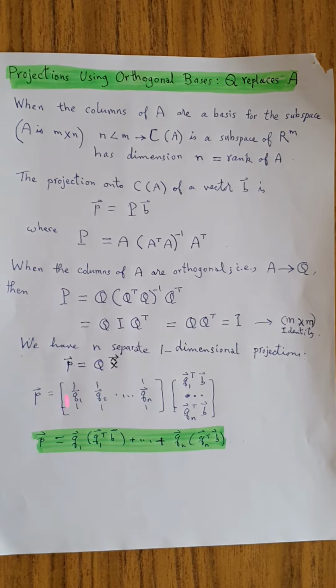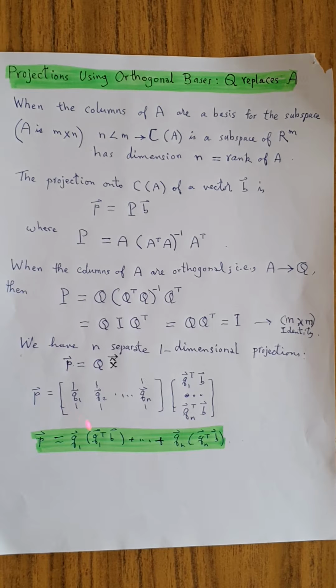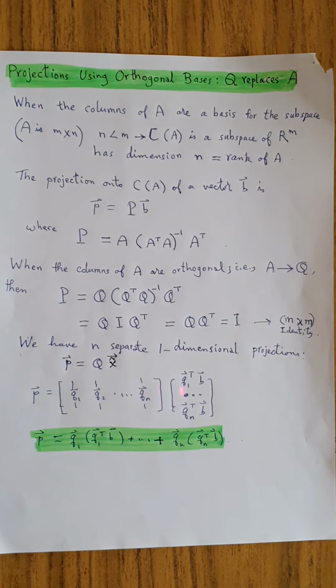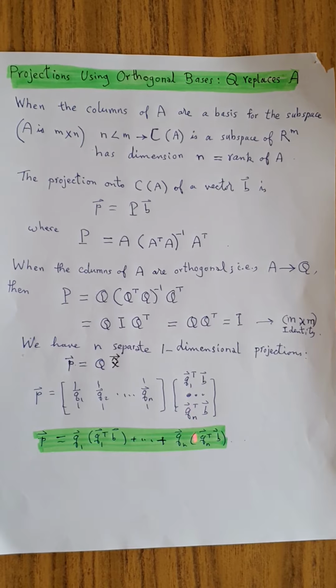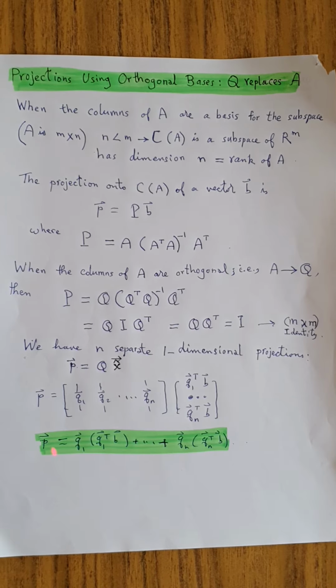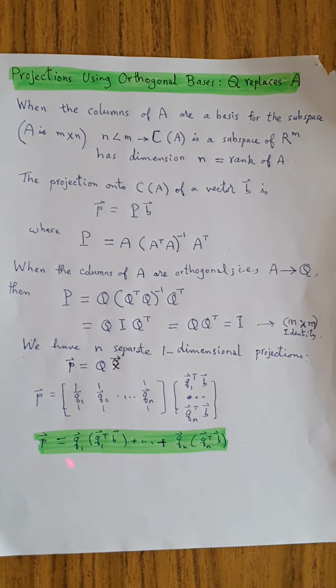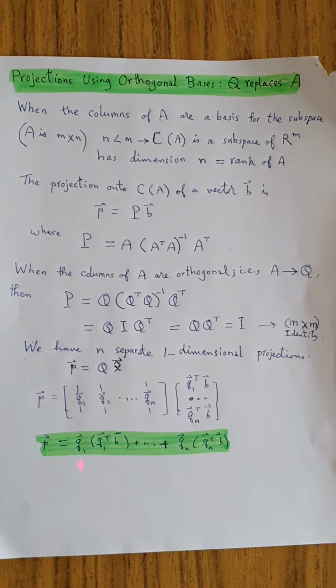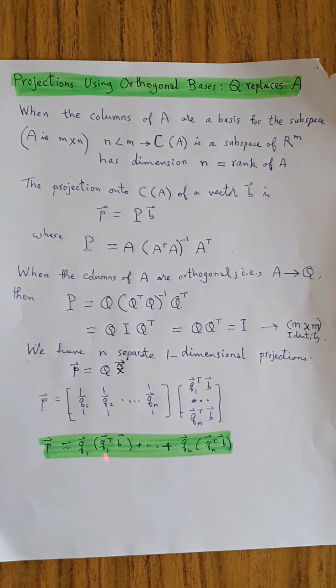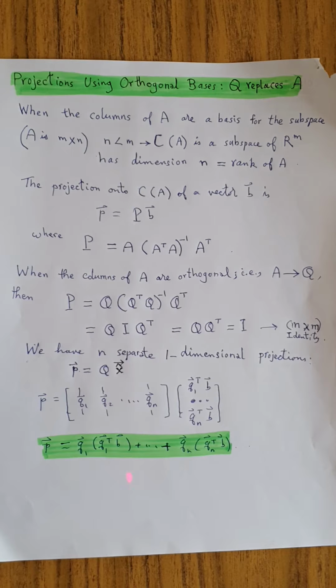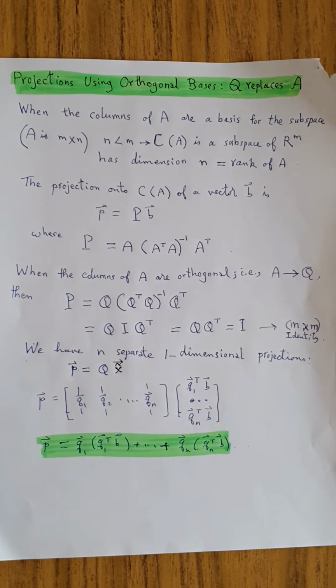Written in matrix form, p is equal to Q1, Q2, up to Qn times Q1 transpose b up to Qn transpose b, which is the decomposition of b into the subspace with Q1 times Q1 transpose b plus up to Qn times Qn transpose b.